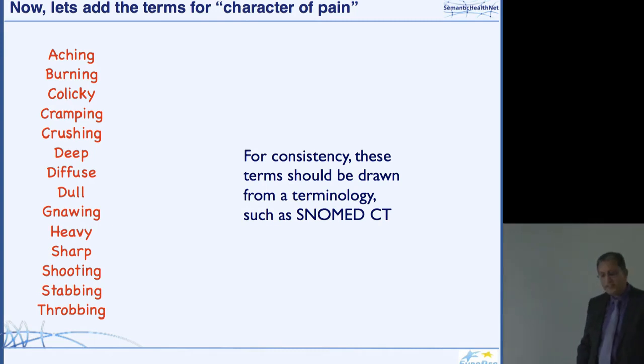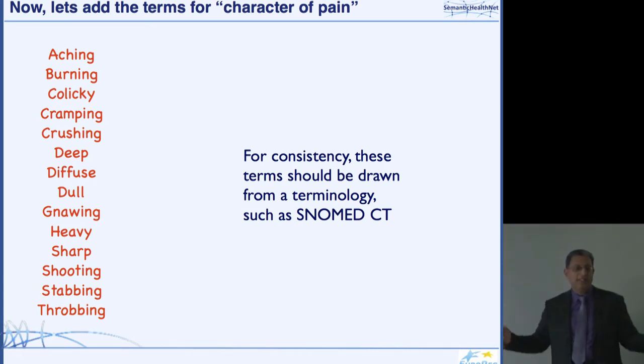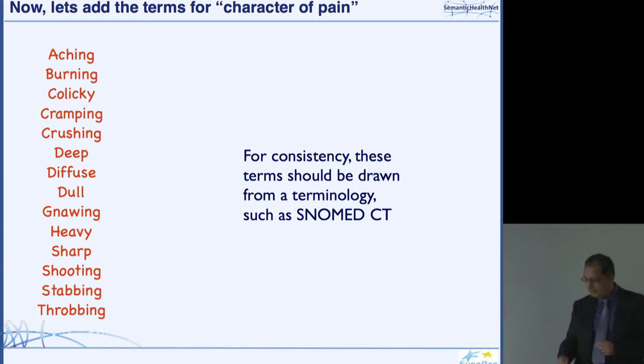But I also want to tell you why the problem is harder than it looks. So we started off with that little thing for pain, and imagine if we could actually get more inputs on pain. We could get an anaesthetist, a terminal care specialist, a physiotherapist, and a few other people to say, well, tell us a bit more about characteristics of pain that are important to you to document in an EHR.